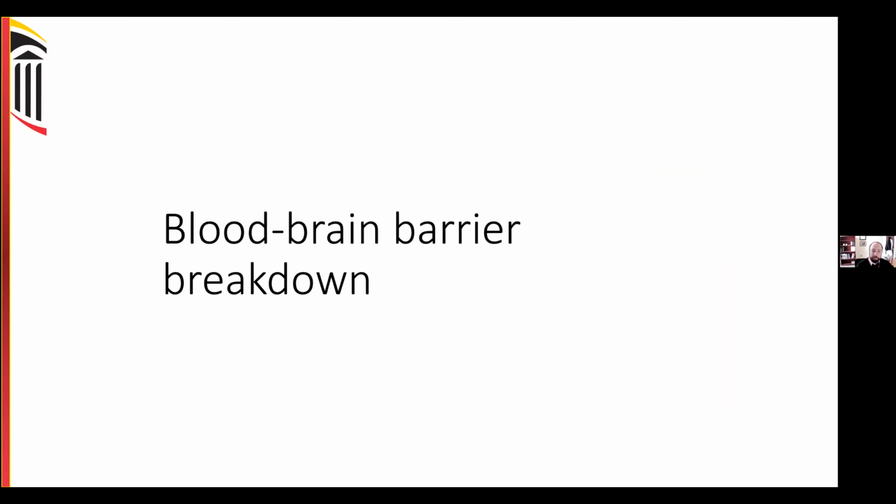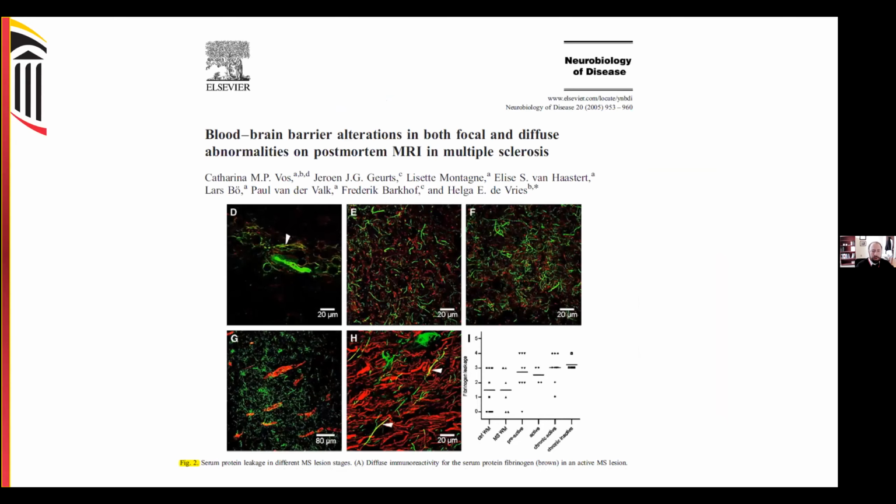So let's talk a little bit about blood-brain barrier breakdown. Blood-brain barrier breakdown is evident in all phases of MS, in all lesion types in multiple sclerosis. One of the ways that you can look at this is by staining for fibrinogen, which will be deposited in areas where there is a blood-brain barrier breakdown.